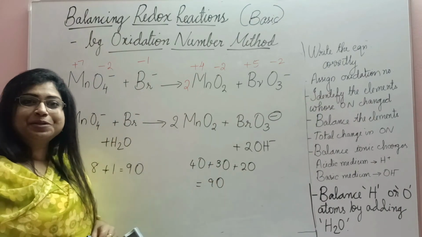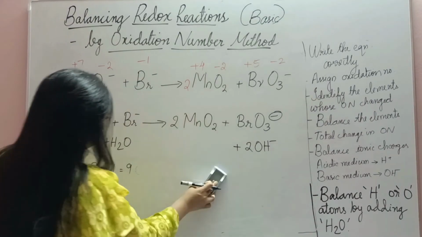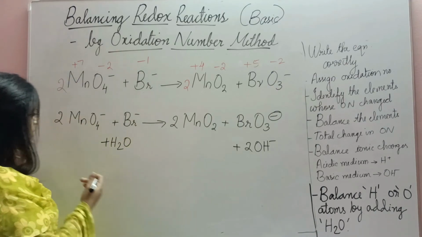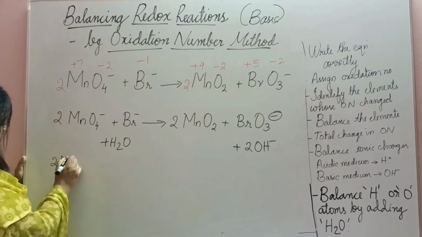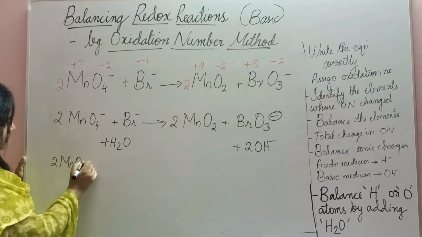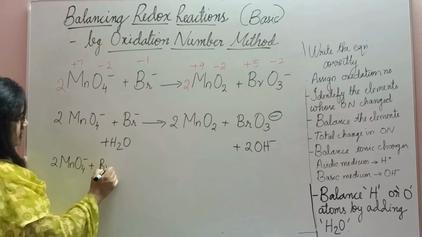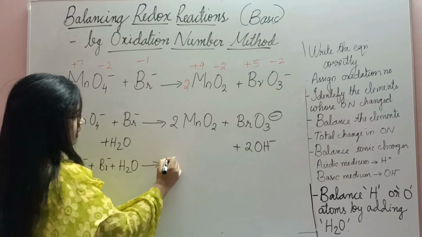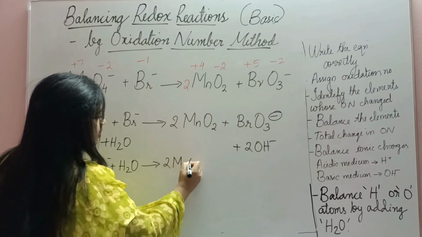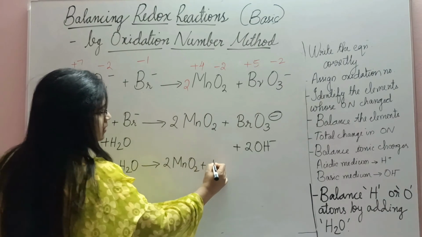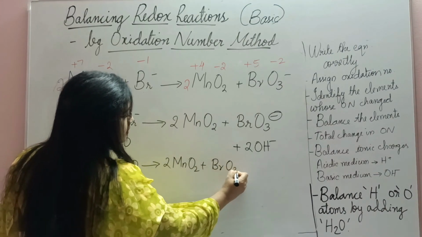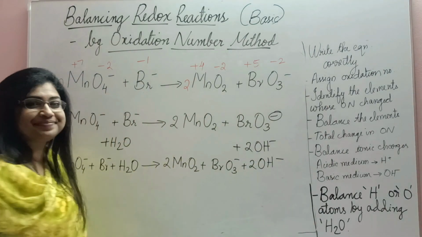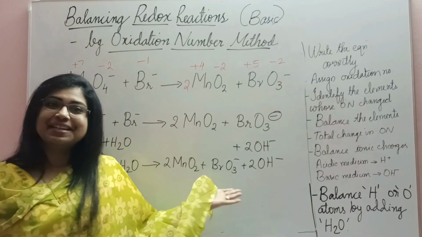Oxygen atoms are also balanced. Now we can rewrite the equation. 2 MnO4 minus plus Br minus plus H2O giving 2 MnO2 plus BrO3 minus plus 2 OH minus. This is a balanced chemical equation.